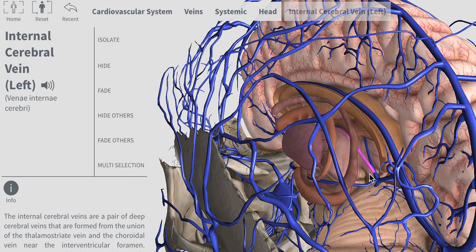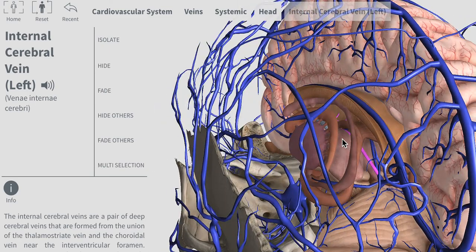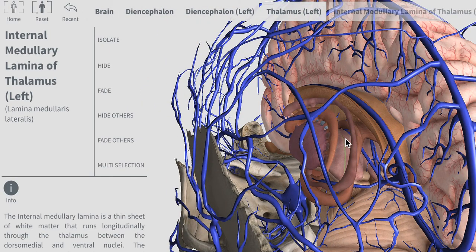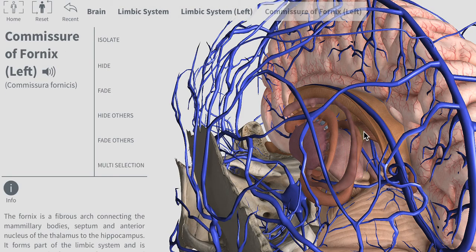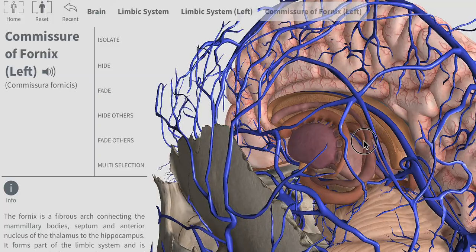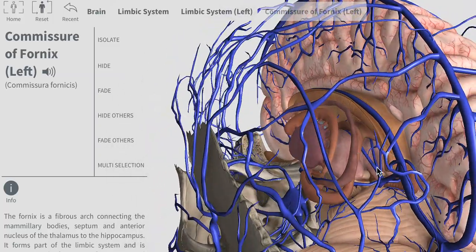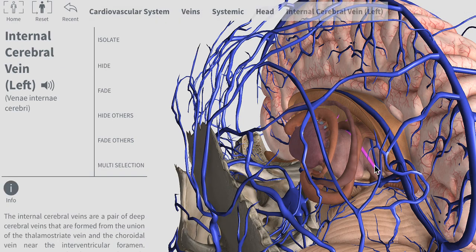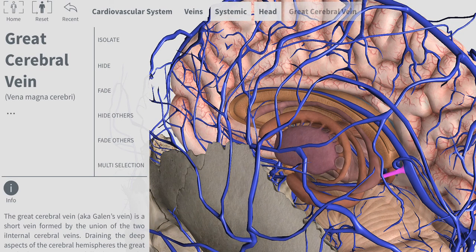But anyways, so we have these internal cerebral veins that sort of drain these deep cortical structures, so the thalamus, and the fornix, etc. So these deep cortical structures are all being drained by the internal cerebral veins, and then here going back to the great cerebral vein.